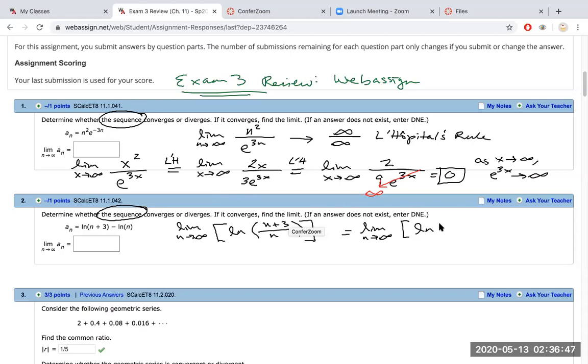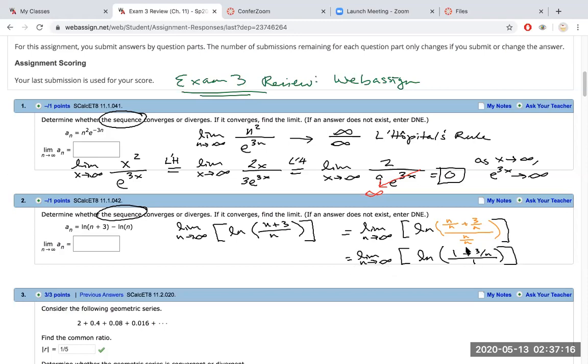I'll just do it in the next step. So that's the limit as n goes to infinity of ln of (1 plus 3 divided by n) over 1.